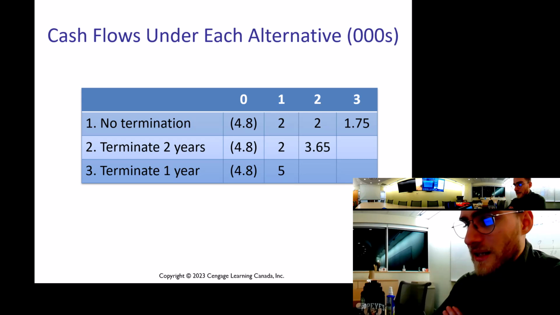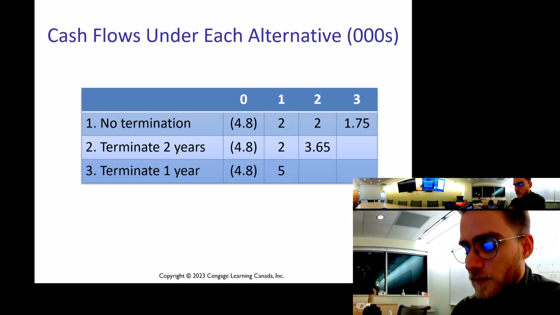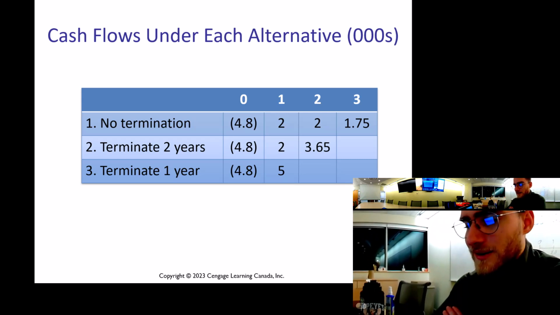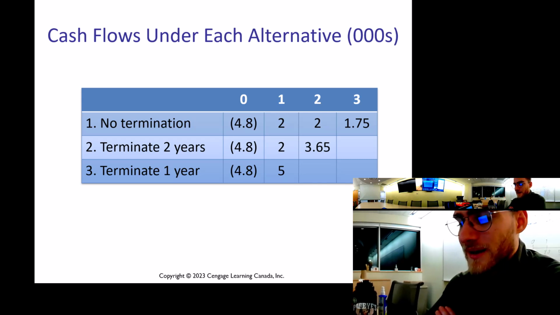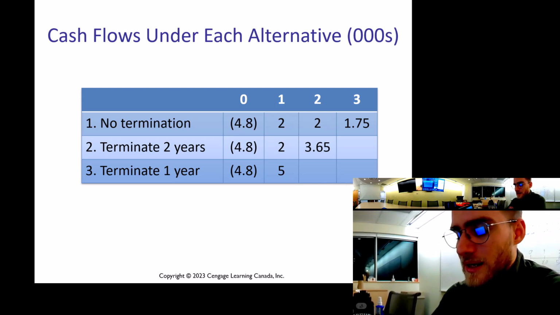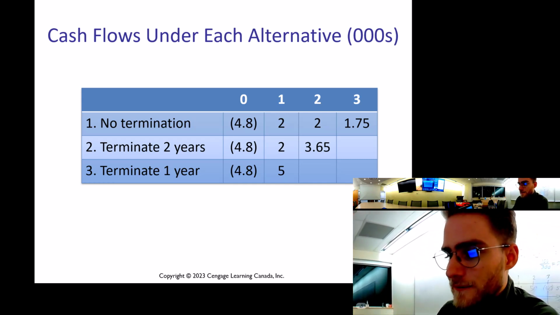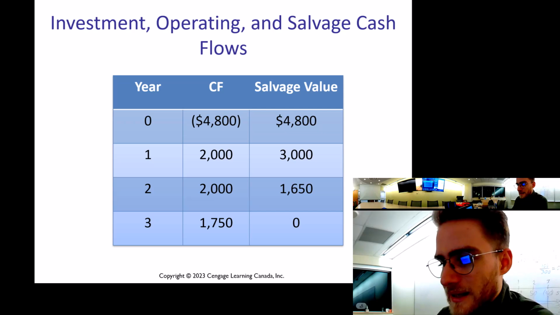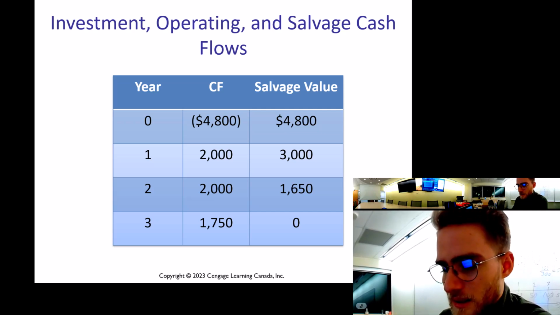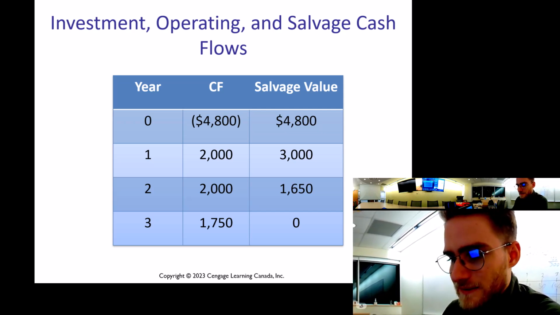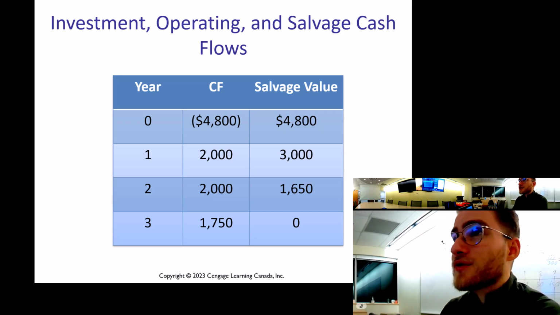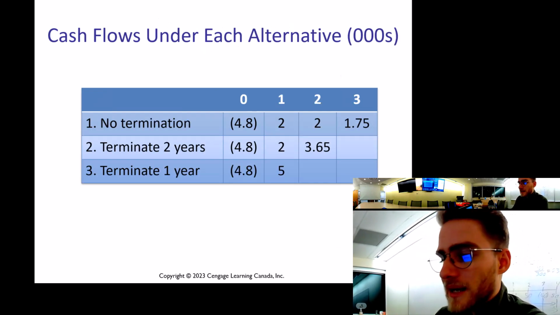If I terminate at year 2, I would pay 4,800 in year 0, get 2,000 in year 1, and then 3,650 in year 2. That is the 2,000 plus the 1,650 that you see here. I get my cash flow, and then I salvage it as well, so I get the double cash flow.